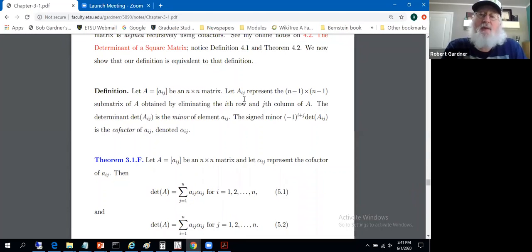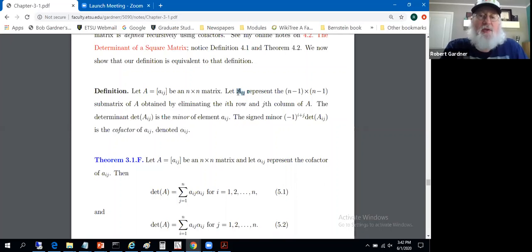This represents the n-1 by n-1 submatrix of A attained by eliminating the ith row of A and the jth column of A. So the subscripts in the capital A represent the row and column, respectively, of the original n by n matrix A that have been eliminated to produce this matrix.